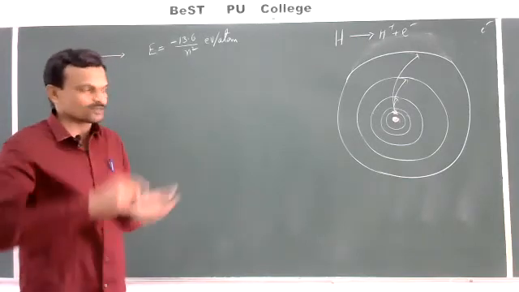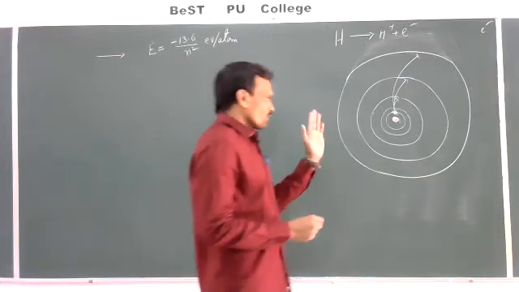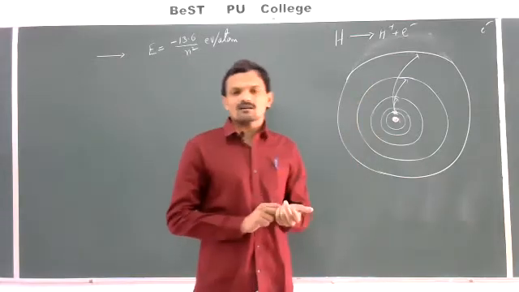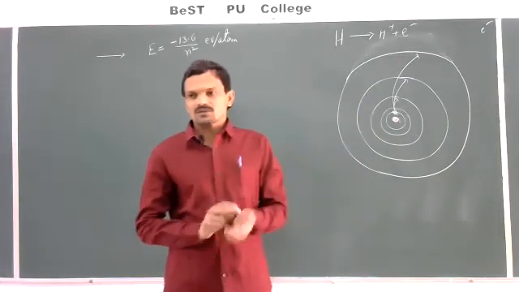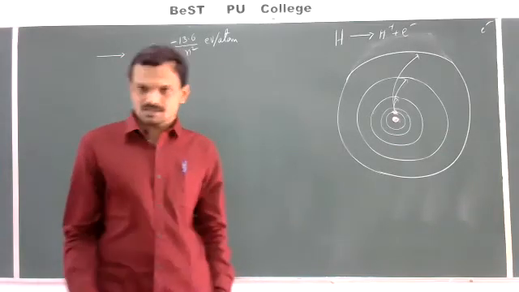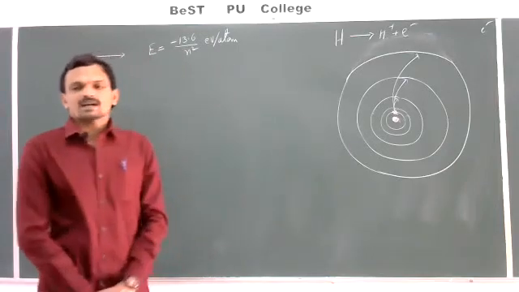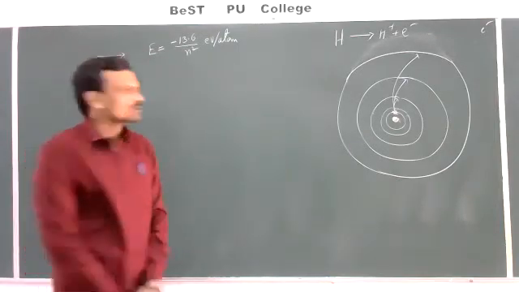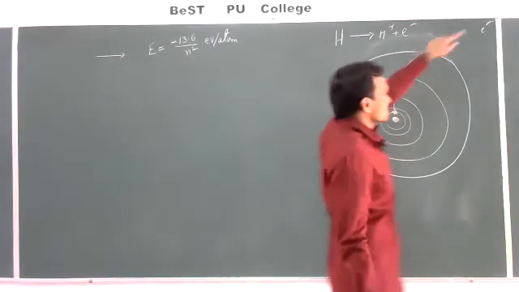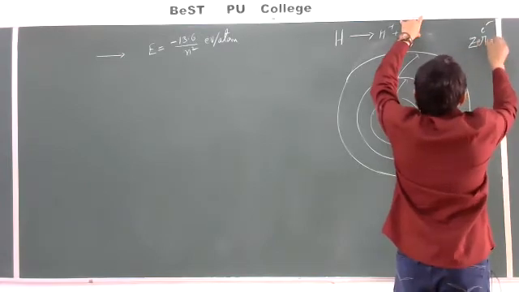Actually, that is not truly possible. Here, infinite distance means the distance at which there is no force of attraction, and that distance is considered infinite. Then, what about the energy of the electron at infinite distance? When an electron is present at infinite distance, its energy is taken as 0.